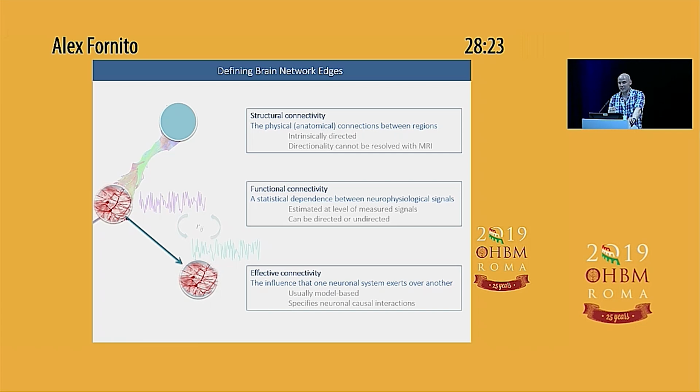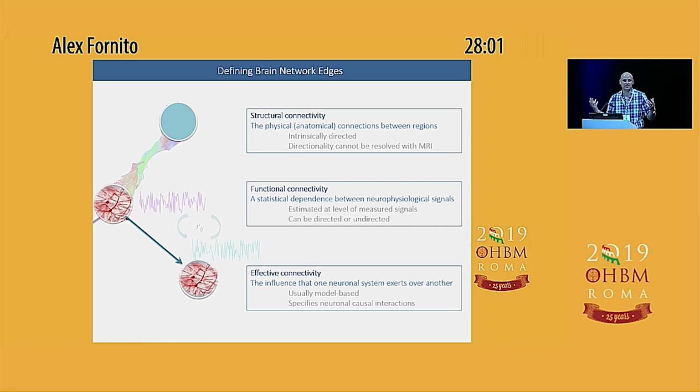So this is the influence that one neuronal system exerts over another. And here the key emphasis is neuronal system, right? So we're trying to make inferences at the level of actual neuronal dynamics. And so that means that if you're using an indirect measure of brain activity, such as fMRI, then you need some mapping between that measured signal and the underlying neural dynamics that generated it.